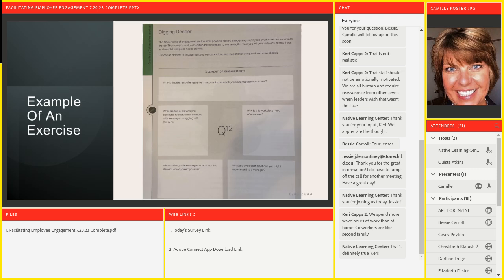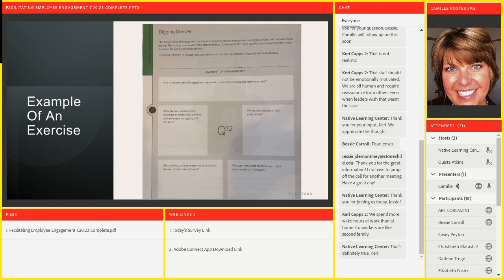So here is, it's kind of hard to see this, a screenshot of that workbook, but I wanted to give you an idea of what it looks like if you happen to purchase it. You can take one of the questions, such as, at work, my opinion seems to count.